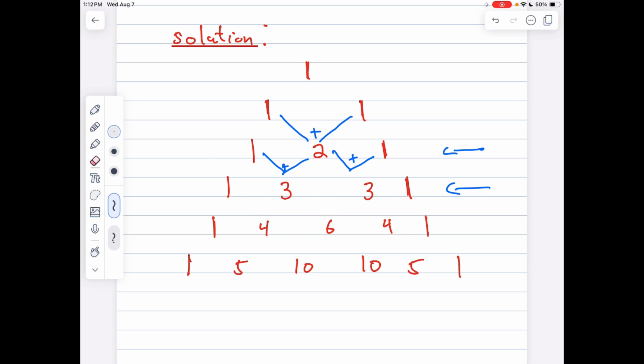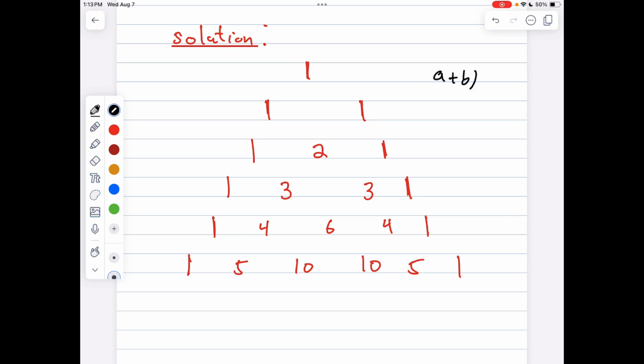Now, what's so special about these numbers? What these numbers represent are the coefficients of a binomial that's raised to a specific positive integer. This number 1 here stands for a plus b raised to the 0. The second row is a plus b to the first.